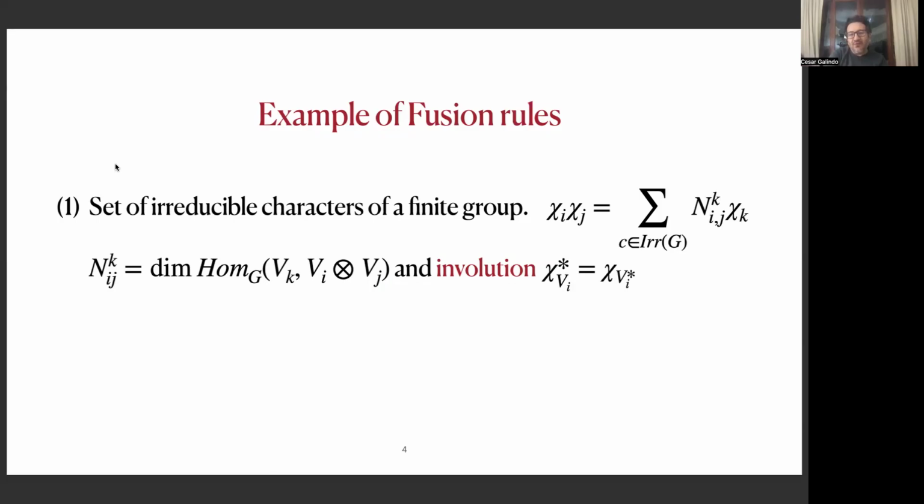And we know that when we multiply two of them, the product expresses as a linear combination. This linear combination, in fact, is exactly given by the multiplicity of the representation associated with the character labeled by K inside of the tensor product. And the involution is given just by the dual, or in this particular case, by complex conjugation if we are working over the complex numbers. This is a typical example.